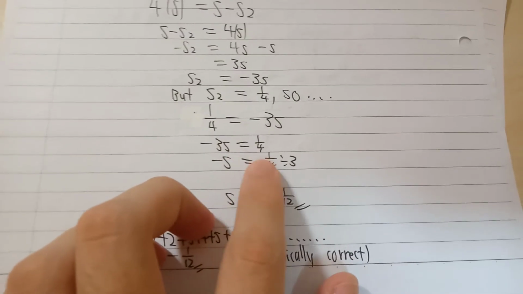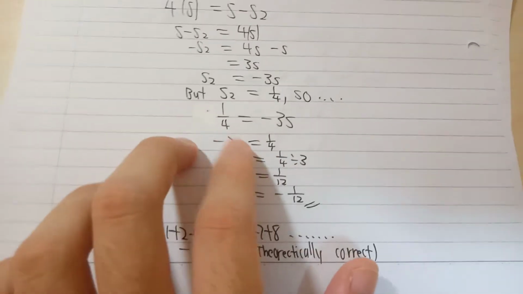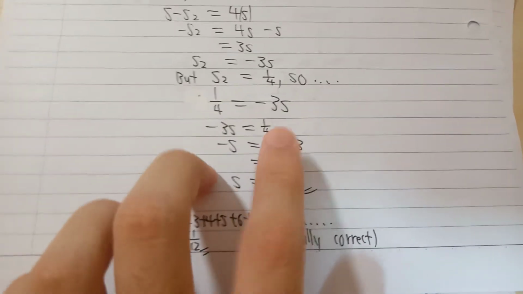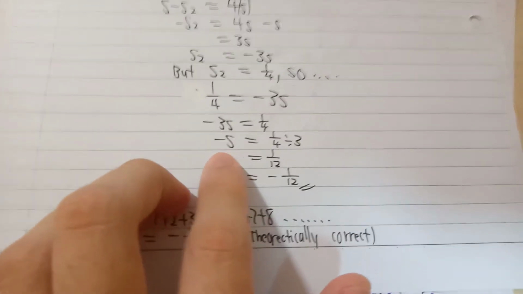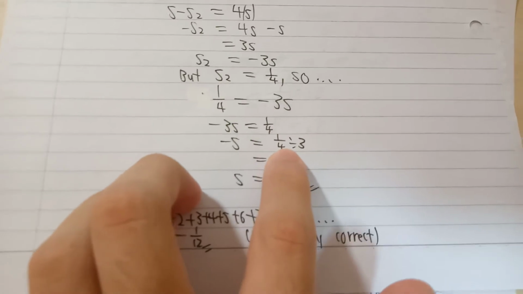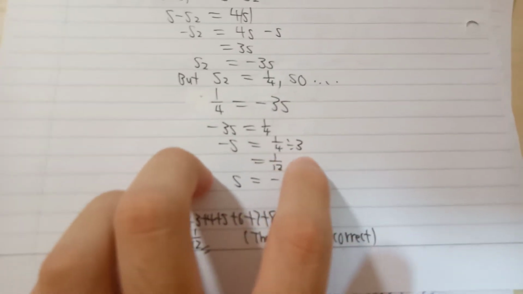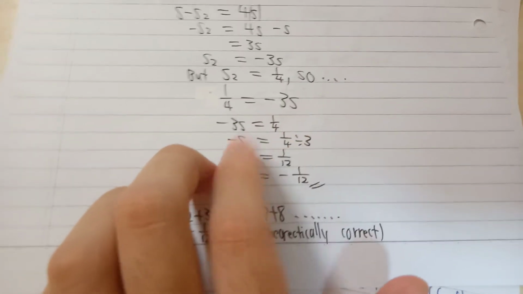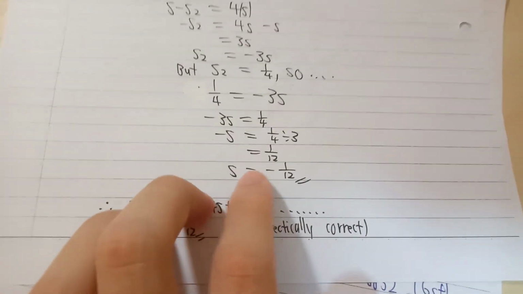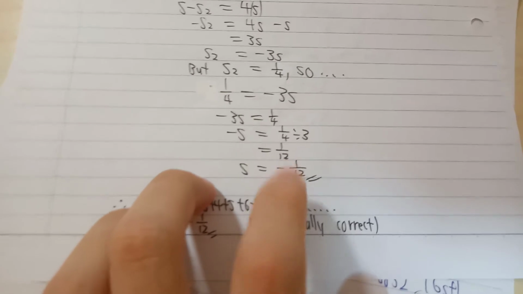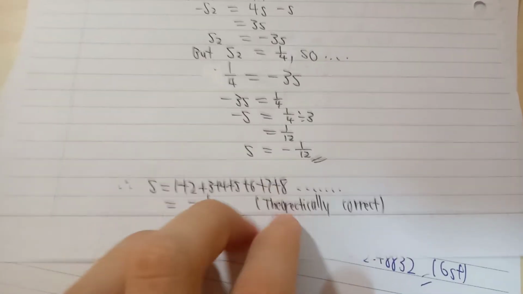You can rewind the video if you like. So negative 3S equals 1/4, since S2 is 1/4. We can all agree on that. So S equals negative 1/4 divided by 3, so we divide by 3 on both sides. And you shift the negative sign over, so it becomes negative 1/12.